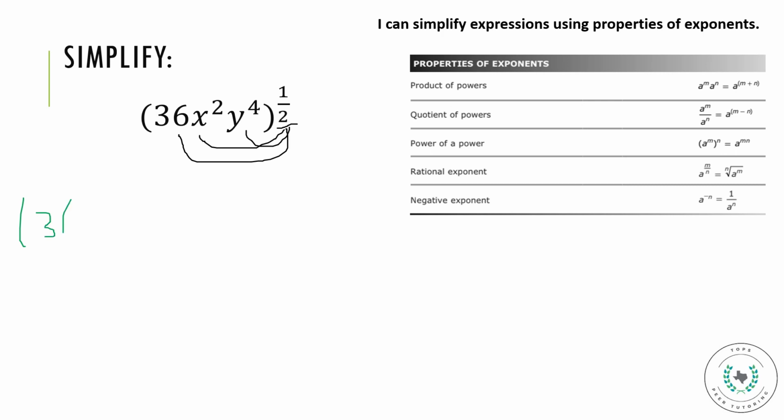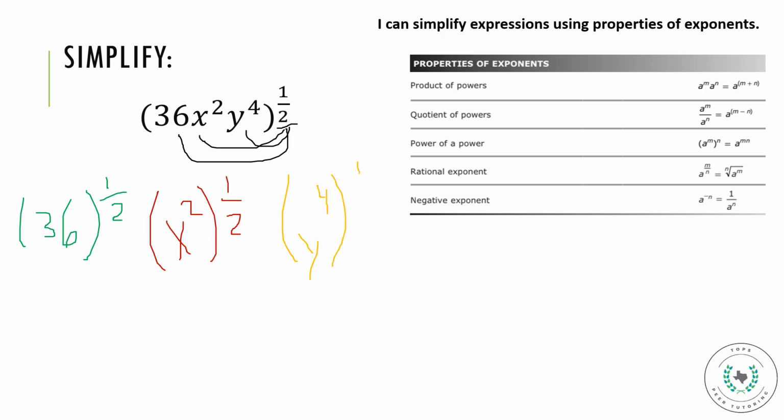We have 36 to the power of half. We have x squared to the power of half. And we have y to the power of 4 and to the power of half. Now, let me do these two variables first.